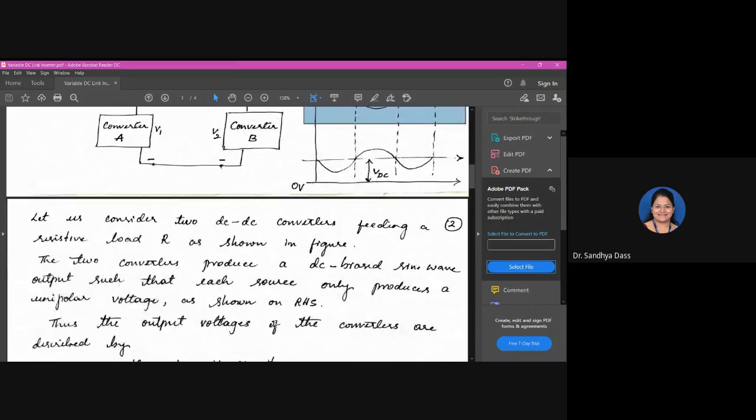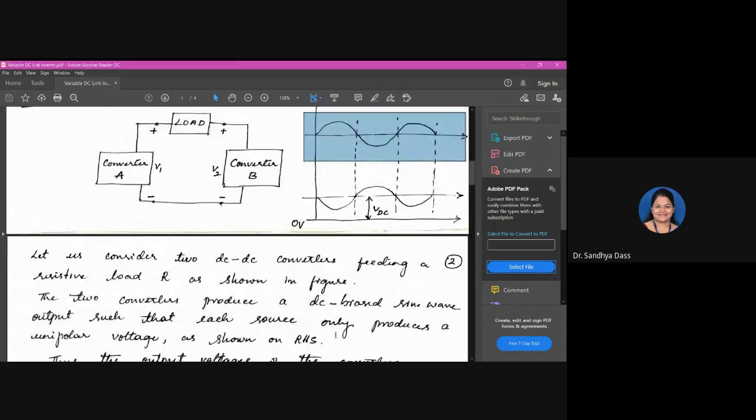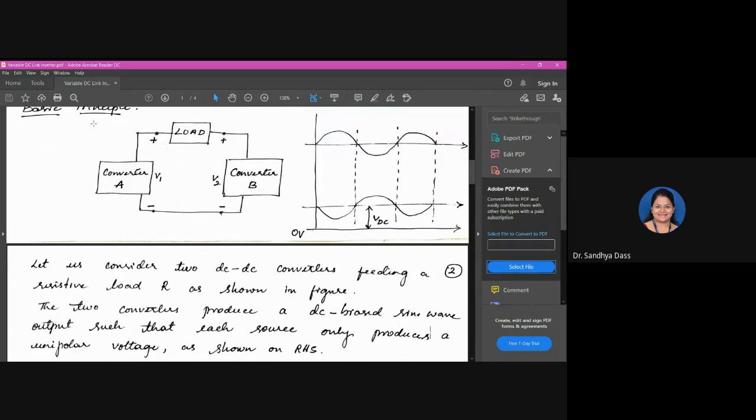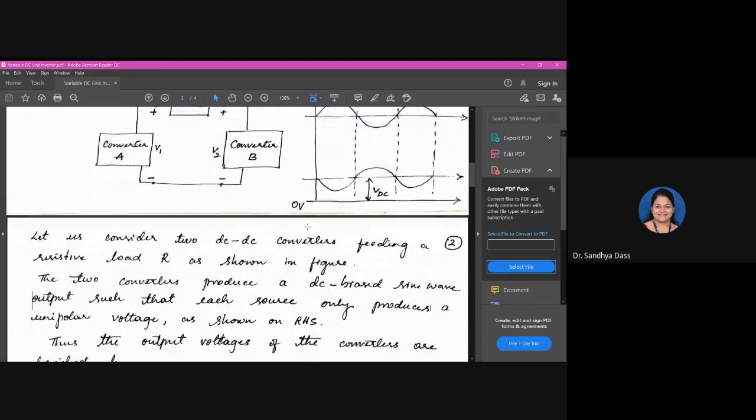So consider two DC converters feeding a resistive load as shown in the circuit here, with a generalized block diagram. The two converters produce a DC bias sine wave output such that each source only produces a unipolar voltage.